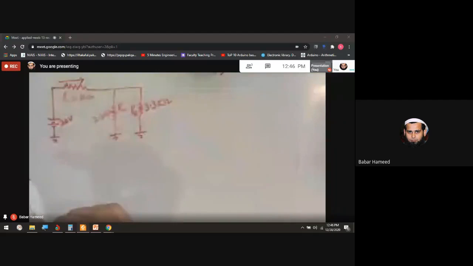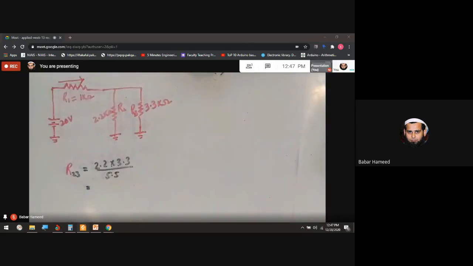So for R2, I will be calculating first the parallel combination of R2 and R3. 2.2 times 3.3 over 5.5. I'm doing it directly.